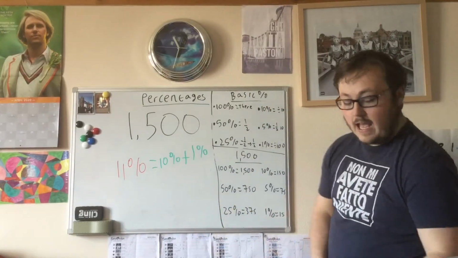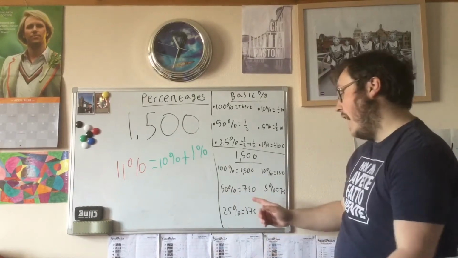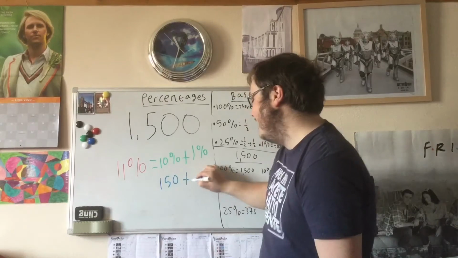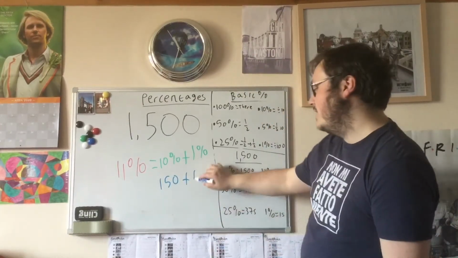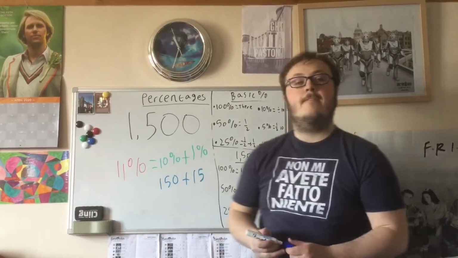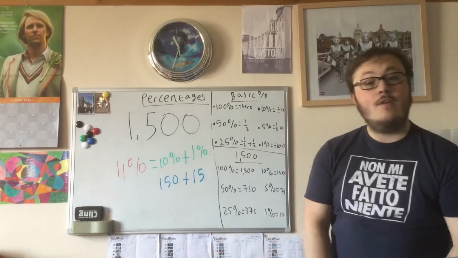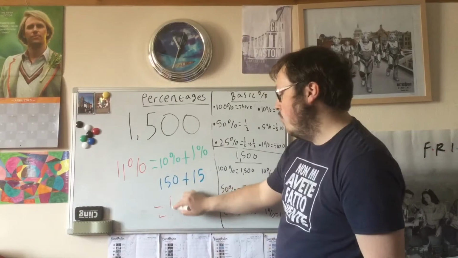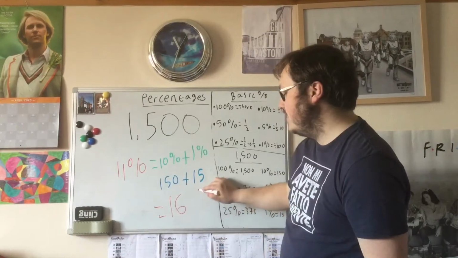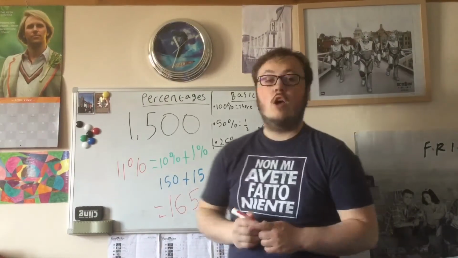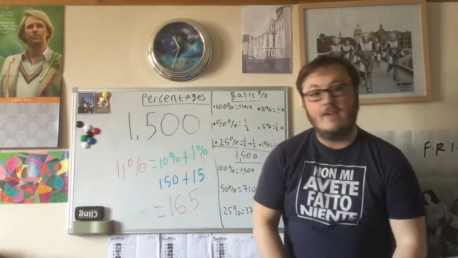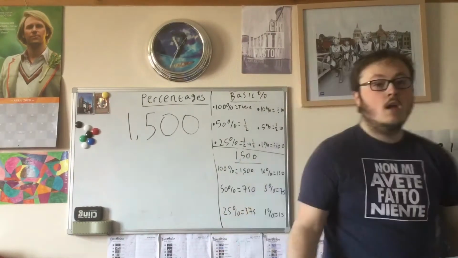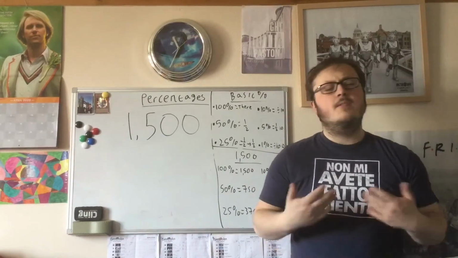So why don't we have 10%, which we have, which is 150, add our 1%, which is 15. Add them together. What do we get? Well, once you add them together, you will get 165. So 11% of 1,500 is 165.